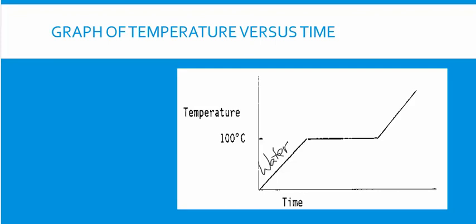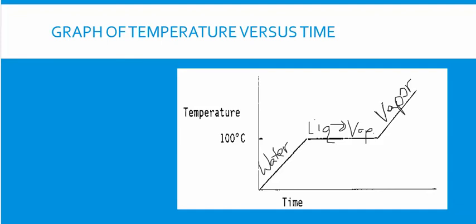Once we get to the boiling point of 100 degrees Celsius, this is where the liquid gets converted into the vapor. But the temperature of boiling water will never rise above 100 degrees. So when you boil water, it will stay consistently 100 degrees Celsius. Only when the liquid is all gone will the vapor rise in temperature.